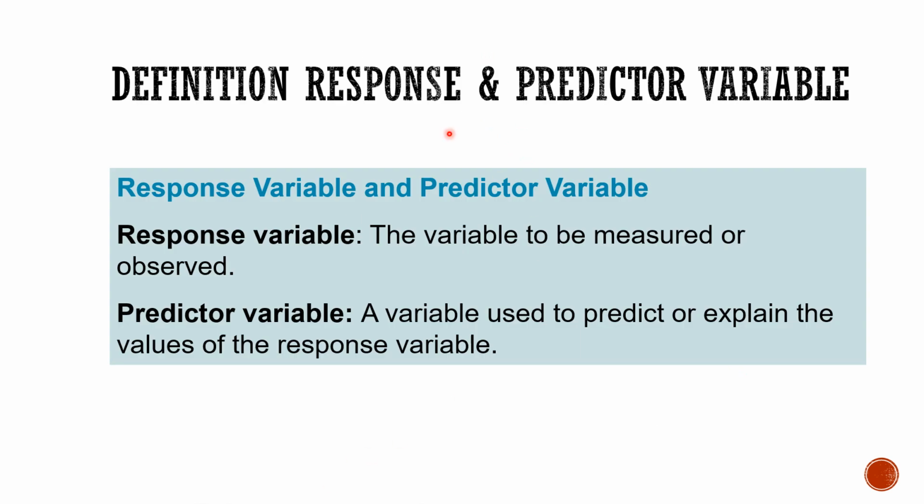Now, two new terminologies are going to be introduced at this point. One is called the response variable, and the other one is called the predictor variable. Previously we talked about the dependent variable and the independent variable, isn't it? We said that our x value is our independent variable because we can plug in any real number for x.